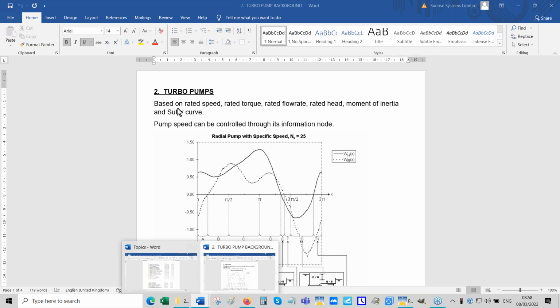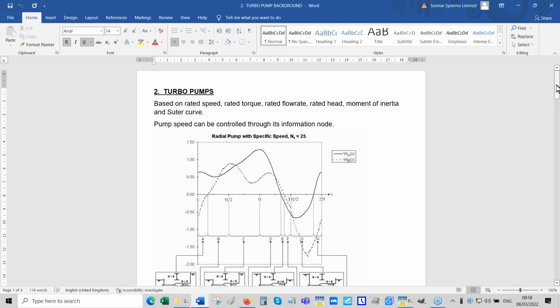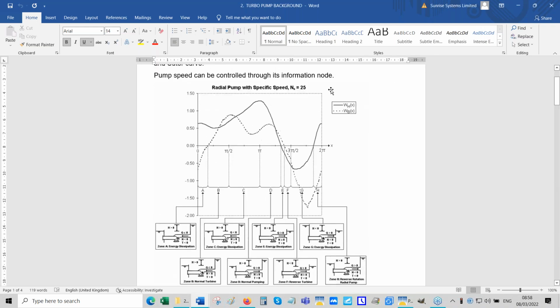And then the Suter curve. What is the Suter curve? See, it's defined in this way. The turbo pump has its name because it's a very comprehensive pump model which can work whether the flow rate is positive or negative, and the delta P is positive or negative.